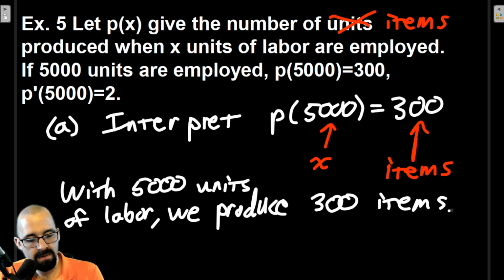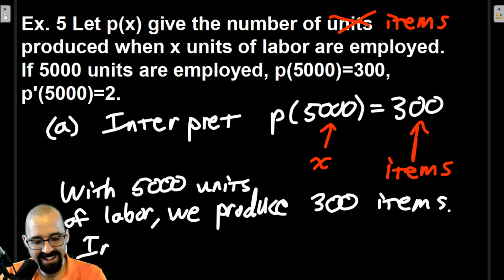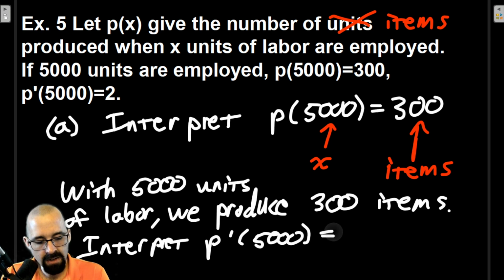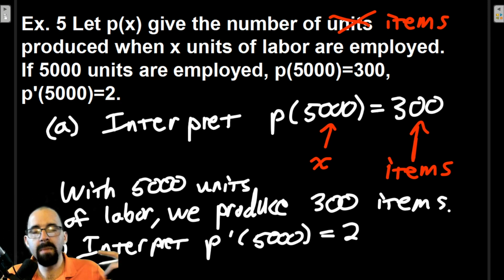Okay, let's do part B real quick. Interpret: what does P prime of 5,000 equaling 2 mean? So remember that earlier we talked about the derivative.